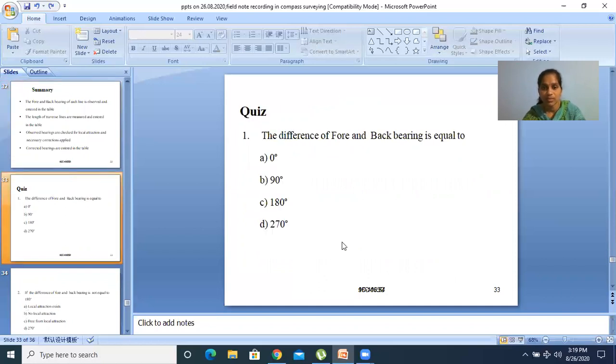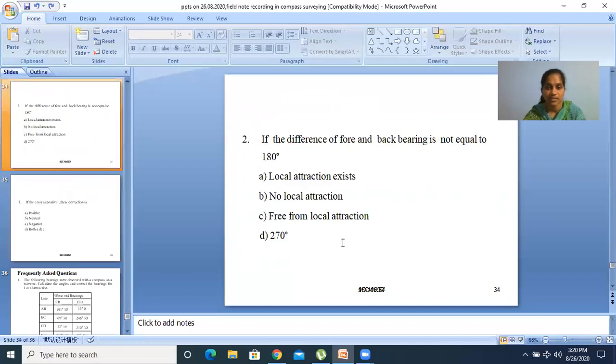There is a quiz, you can give the answers. The difference of forebearing and backbearing is equal to 0 degree, 90 degrees, 180 degrees, 270 degrees. What is the answer? The difference between the forebearing and backbearing must be equal to 180 degrees.